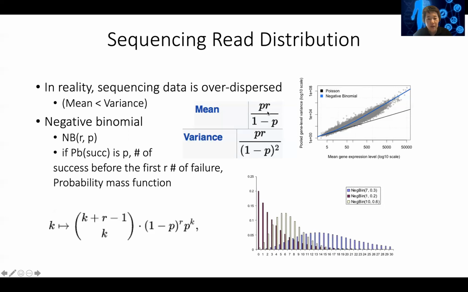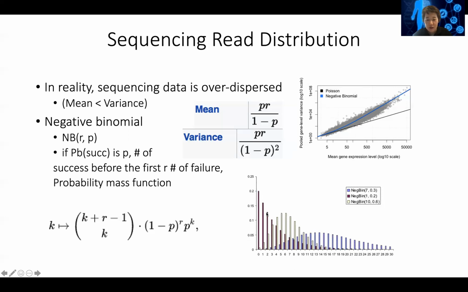And it's a little bit complicated compared to the Poisson distribution, but with the negative binomial distribution, you can also have a mean and a variance. And in this case, when the mean increases, the variance is actually higher than the mean. This can be demonstrated by this figure in here.